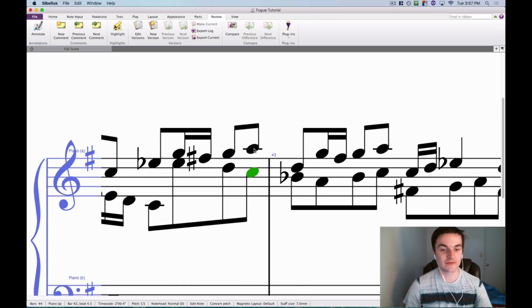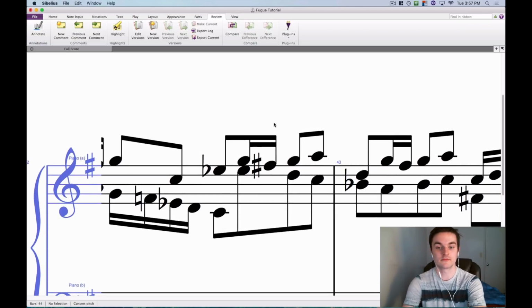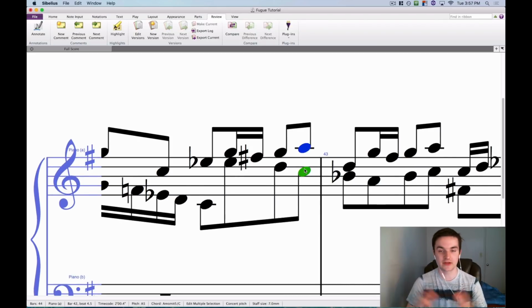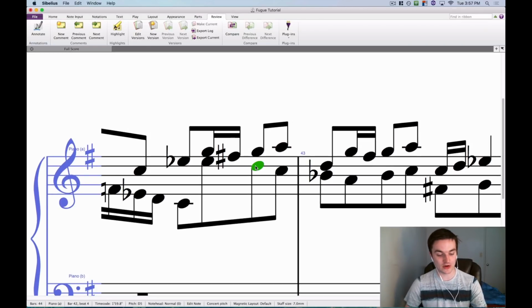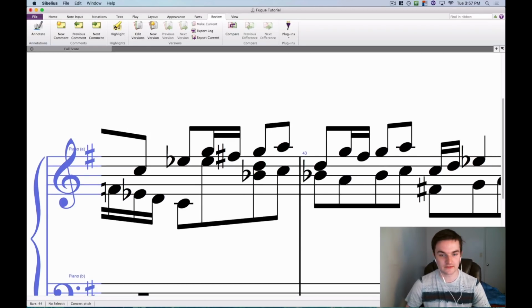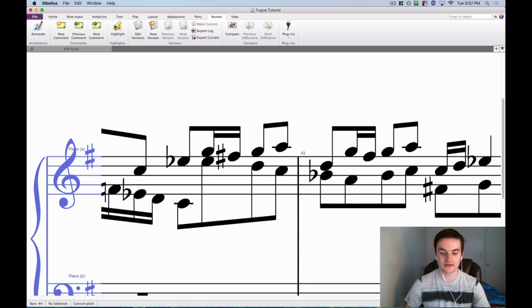It does resolve by contrary motion to a 6, but I think the primary reason why Bach thought this was okay was not only the fact that it resolves, nice contrary motion, to a 5th, but also because of the fact that later on you do get this.